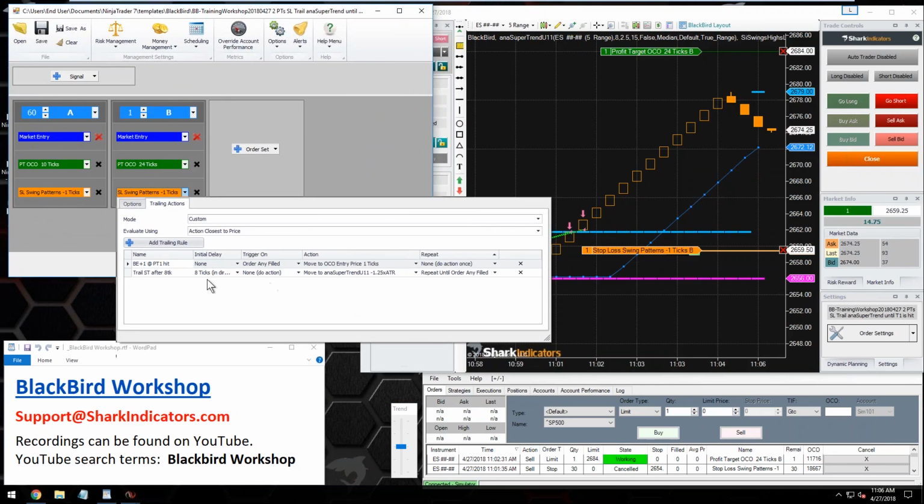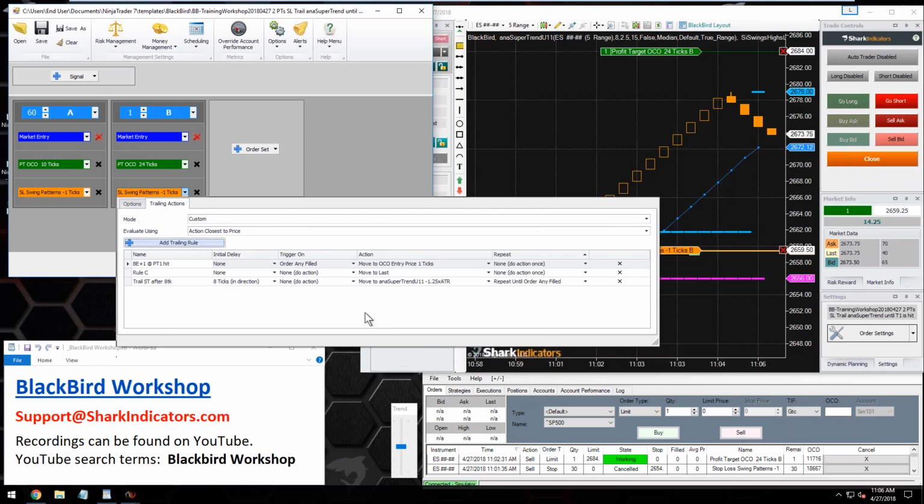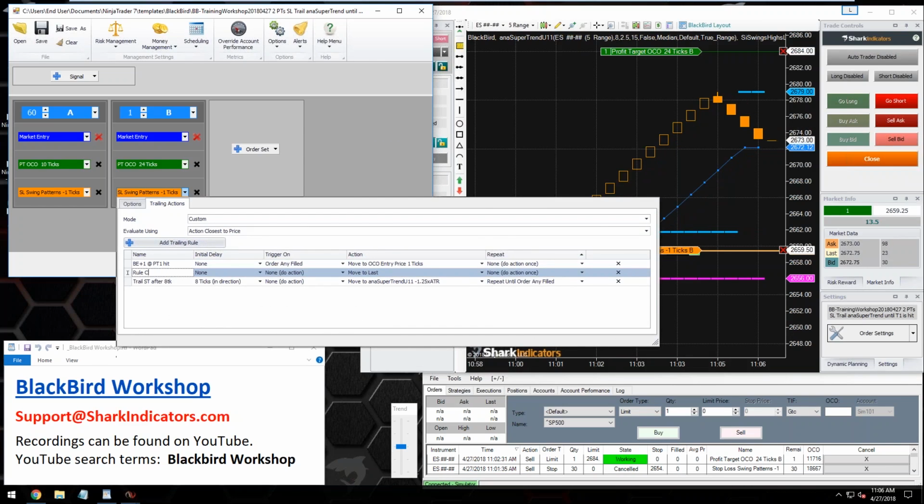Let's see. Well, I can't think of anything off the top of my head. As far as counting bars, yeah, no, there's ticks against direction, so you can use that to close a trade out.